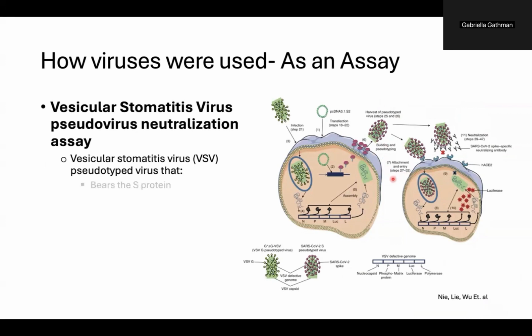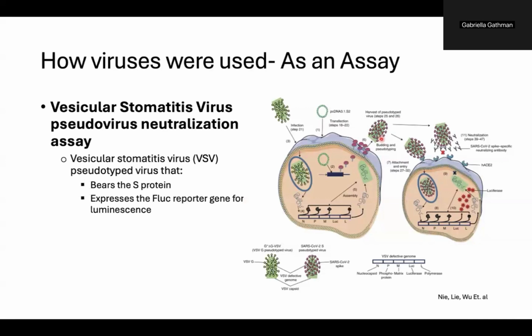In this case, the S protein from SARS-CoV-2 B1351. You can see these S proteins being made via cellular machinery and this pseudovirus budding with the VSV-like body with the S protein. Another notable thing that this pseudovirus contains is the firefly luciferase reporter gene for luminescence.